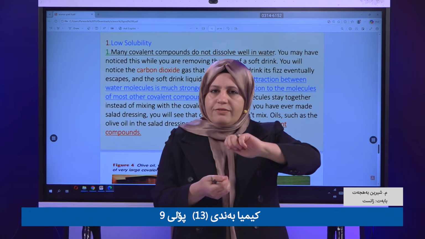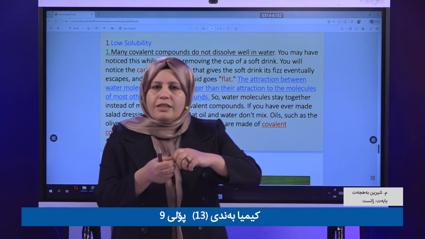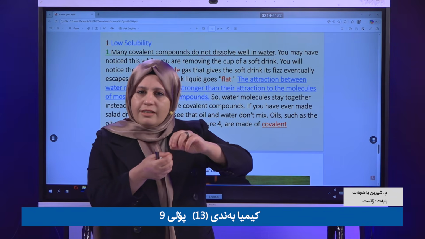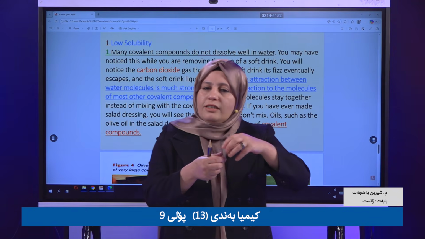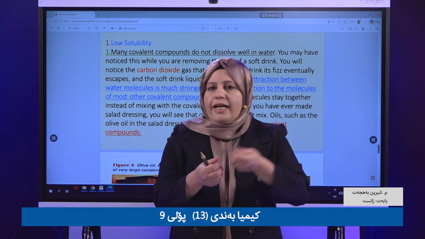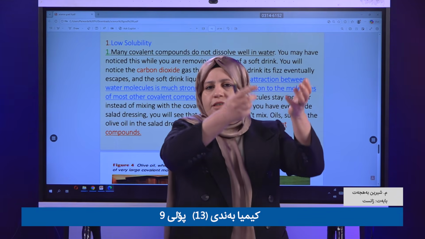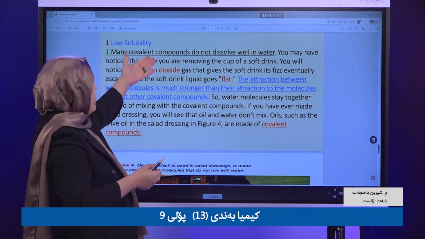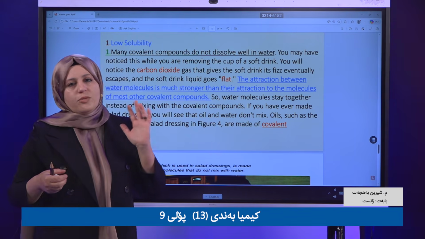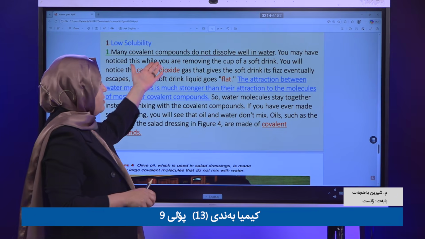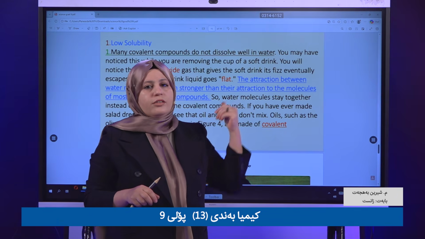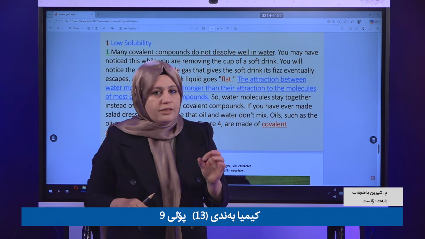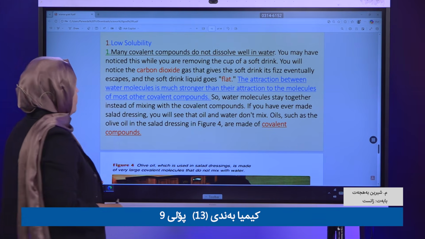When you open a fizzy drink, you hear it, right? What does that mean? The carbon dioxide tries to escape, because it does not dissolve in water. So carbon dioxide is a type of what? Covalent compound, not ionic compound. Be careful.